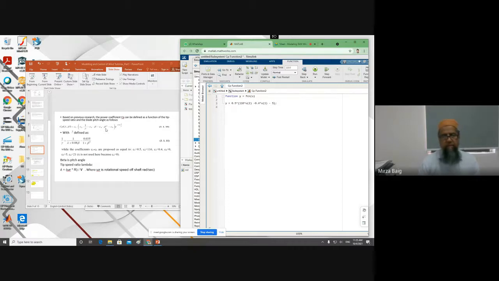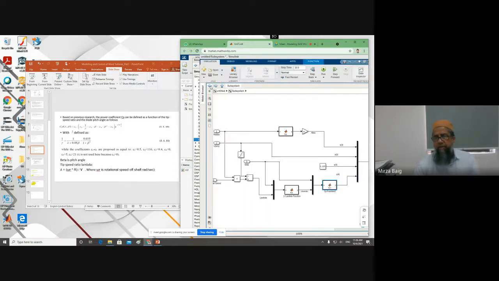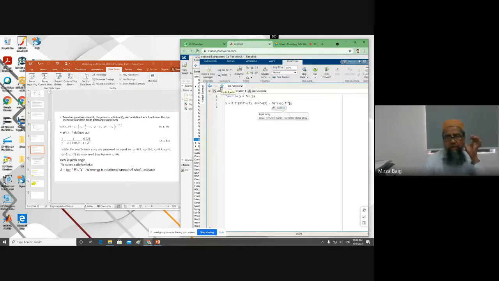Then we have exponent of minus C6. C6 is minus 21. It will be minus 21 times 1 over lambda. 1 over lambda is the U2 variable. Here is U2. That will be U of 2. That's it.